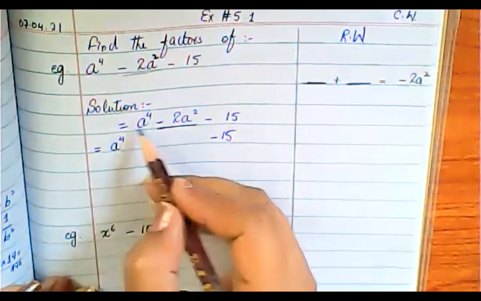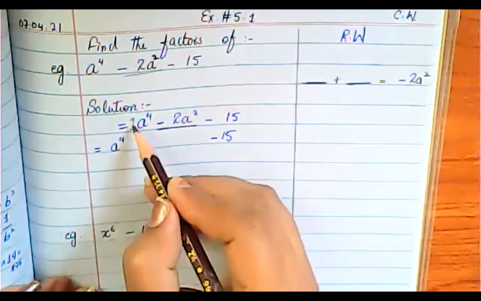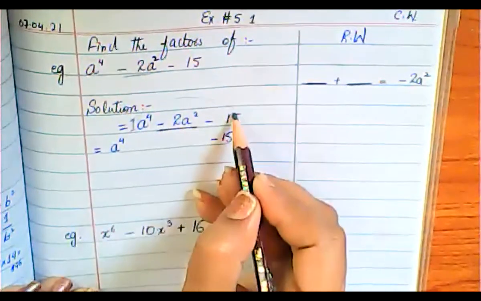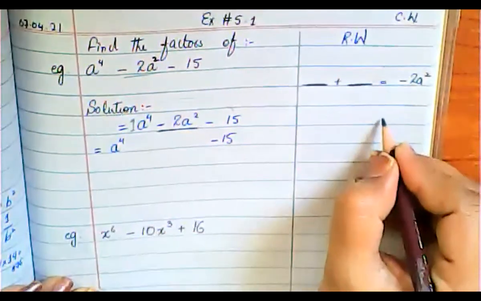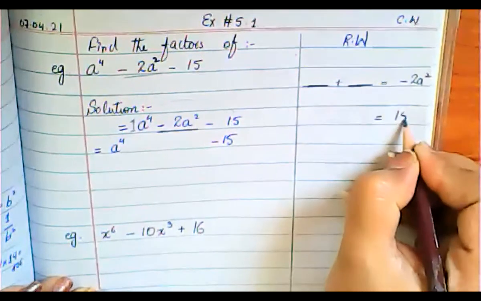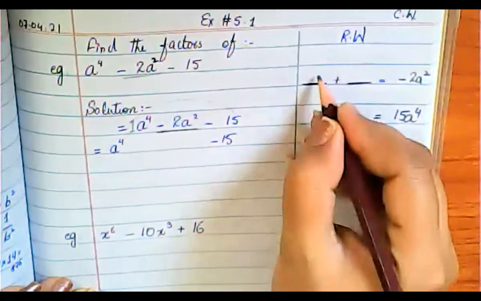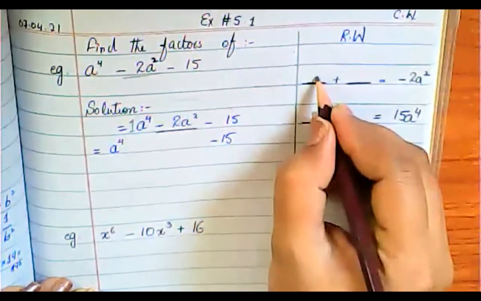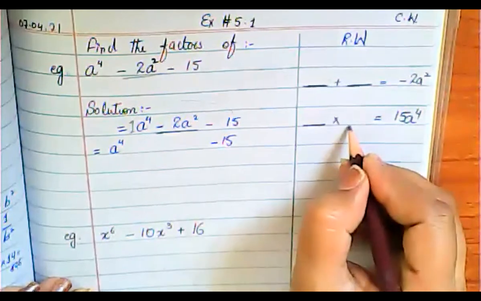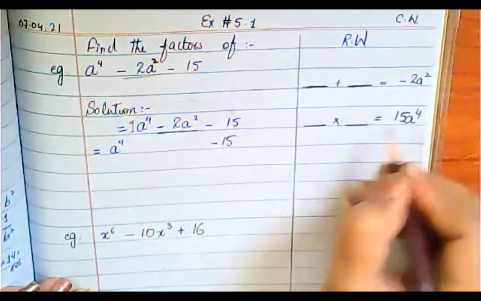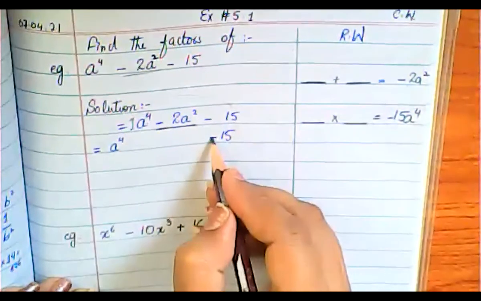Also, if you multiply them, the coefficient here is 1. So 1 multiplied by 15 is 15, and obviously the variable will also multiply, so the answer will be 15a4. So when you multiply these two terms, whichever terms you identify here, the answer should be equal to minus 15a4, since here you have a minus.